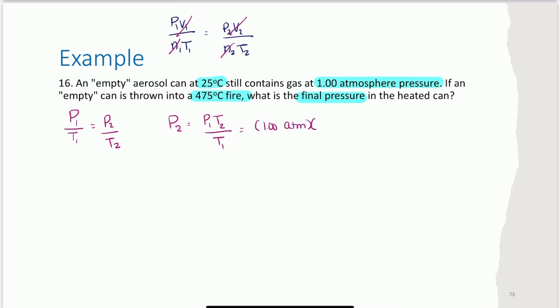When it was 1 atmosphere, it was 298 K, 25 degrees C, that's my T1. And then I put it into a fire at 475 degrees C, which is 748 Kelvin. This gives me 2.51 atmosphere. So the pressure has increased by 2.5, actually.